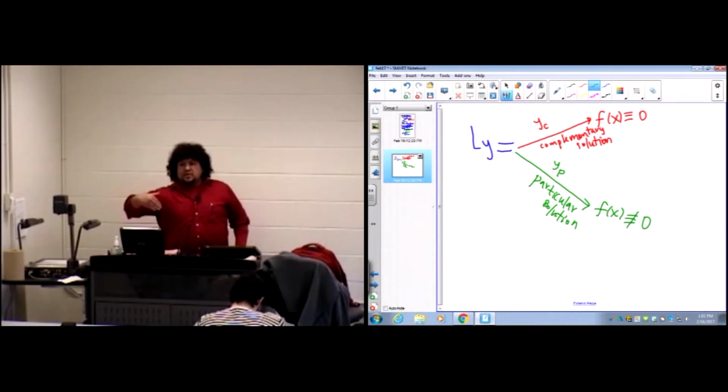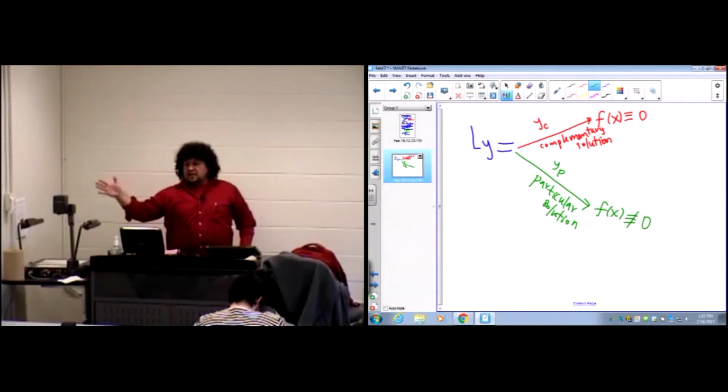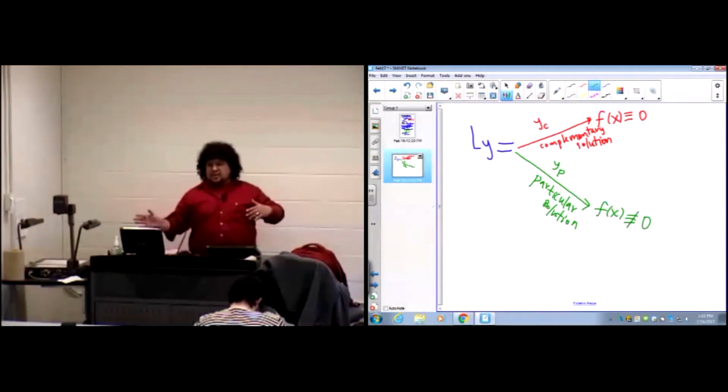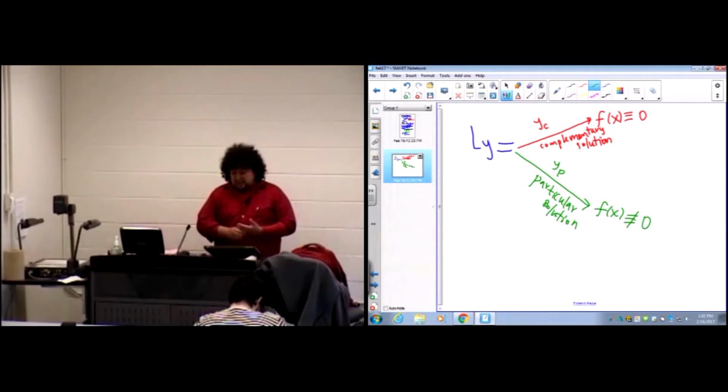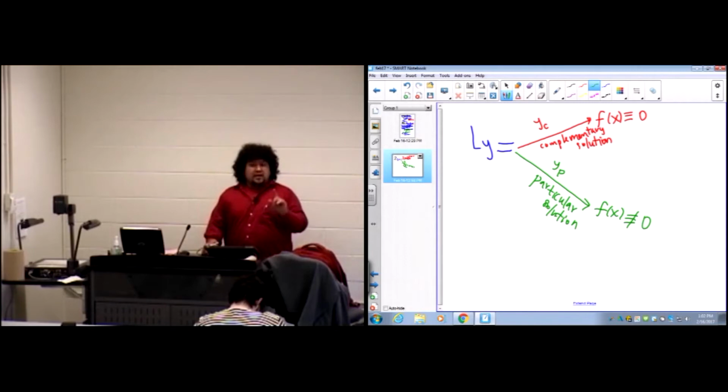They may have zero or non-zero imaginary parts, and so on. So we have developed some methods and techniques. It may be that it's not identically 0, and that's what we're going to get into in just a minute. In such case, we're going to try to find one such solution, and when we find it, we're going to call it y sub p, the particular solution. So we have either the complementary solution, y sub c, or the particular solution, y sub p.